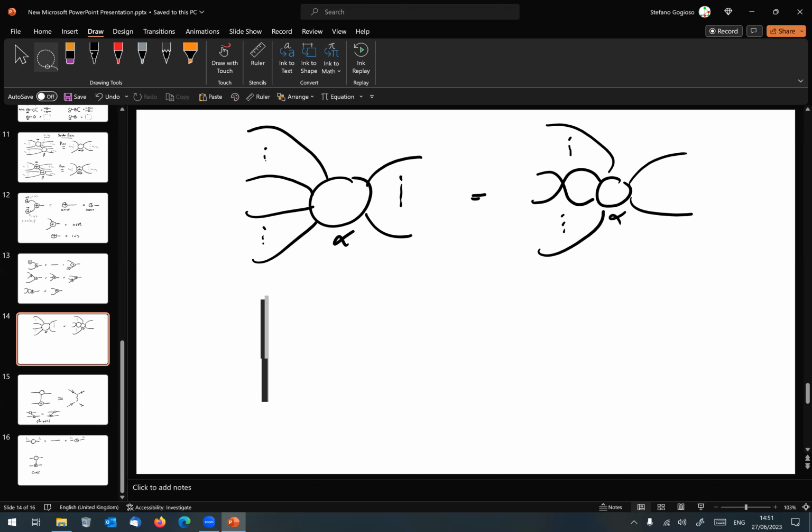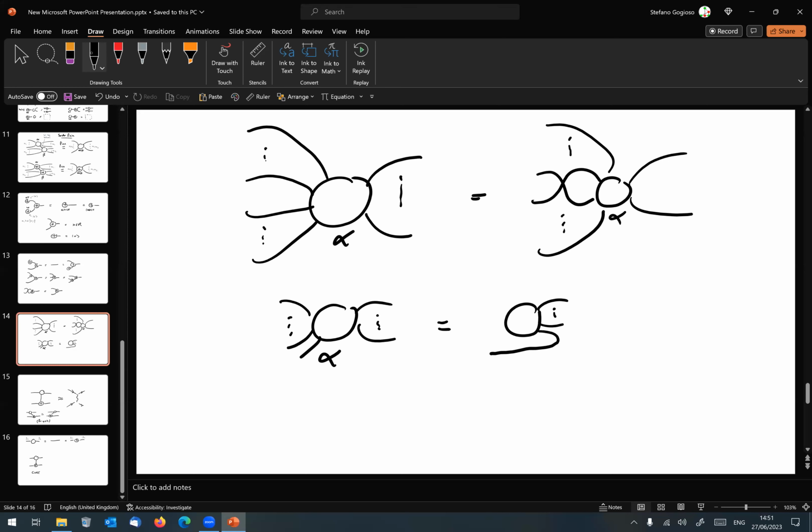So there's that, but there's also that you can twist legs around. So if I have a spider that has two legs in and two legs out, it's the same as having, in fact, let me write it that way. If I have a leg below, that's the same as taking a leg above, so an output leg, and twisting it down.